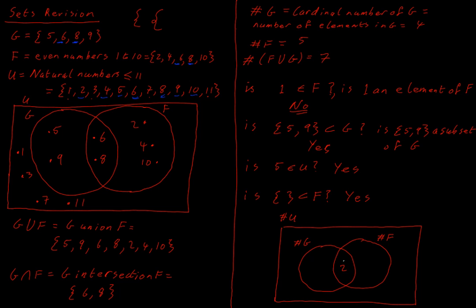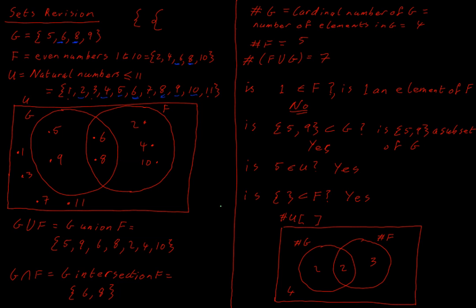It's not that the element 2 is in here, it's that there are 2 elements in this part of my set. And there are 2 elements in only G, and there are 1, 2, 3 elements in only F, and then there are 1, 2, 3, 4 elements outside of G and F that are in the universe.